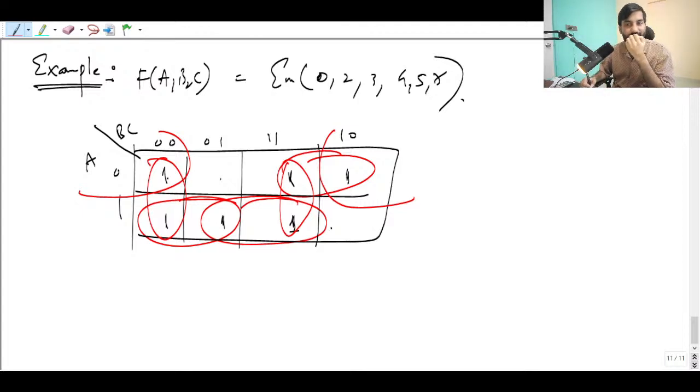Are you able to see this? So is there any EPIs in this case? So there is no EPIs, guys, right? Somebody will ask you number of implicants in this case.